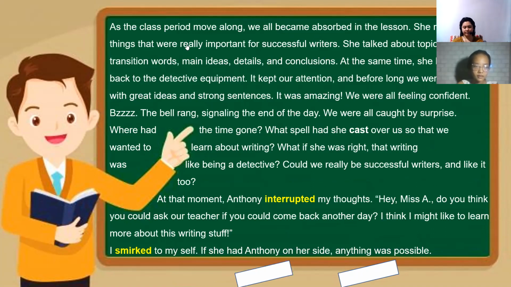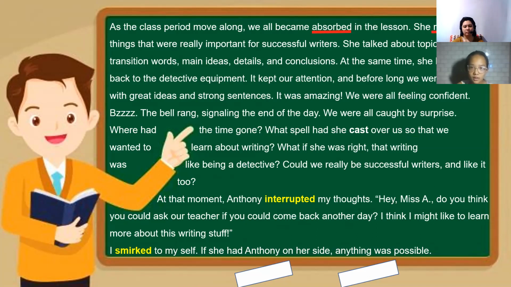I read that Please continue reading the story. as the glass pyramid moved along, we all become absorbed in the pattern. She realized that were really important for successful writers.